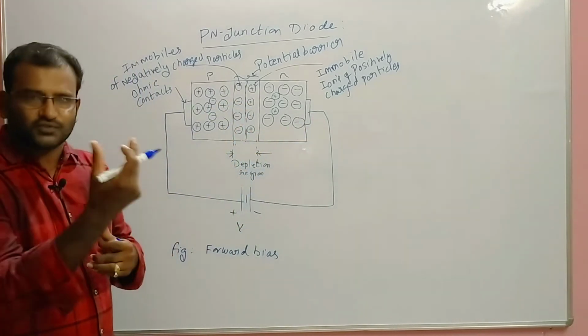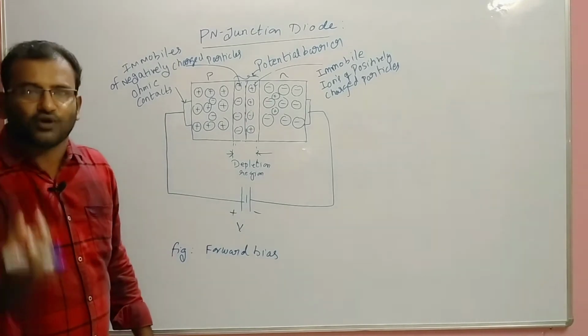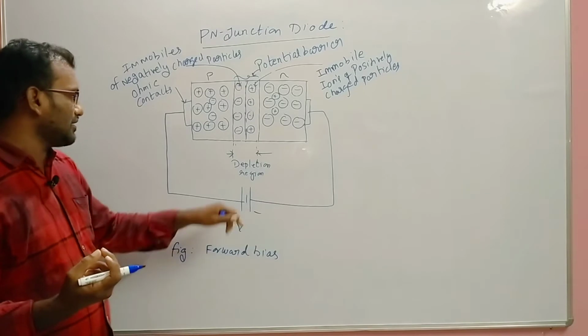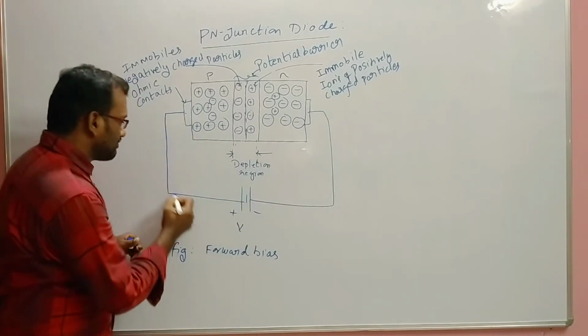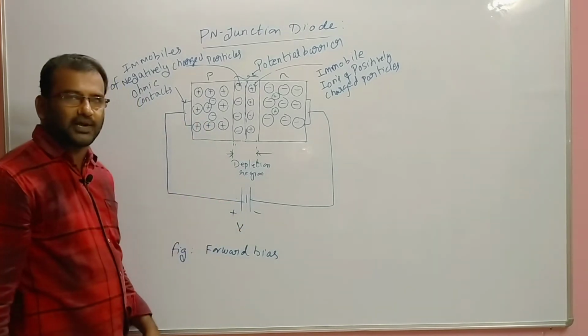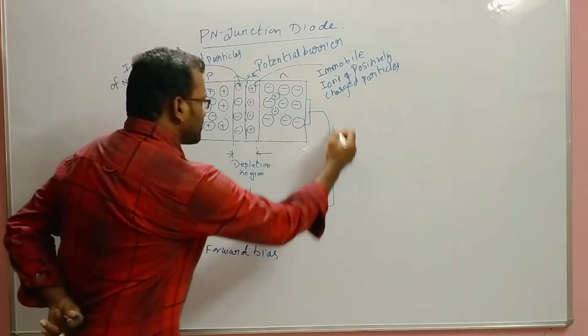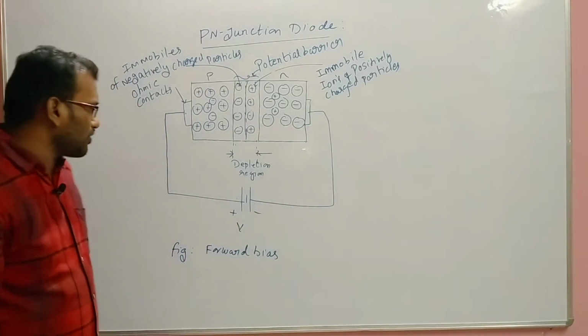There is no movement of charge carriers. So at that time, what will we do? We need to apply some force, and that force is nothing but the electrical supply voltage. The P-type is connected to the positive terminal of the battery, whereas the N-type is connected to the negative terminal. Why am I giving this supply?